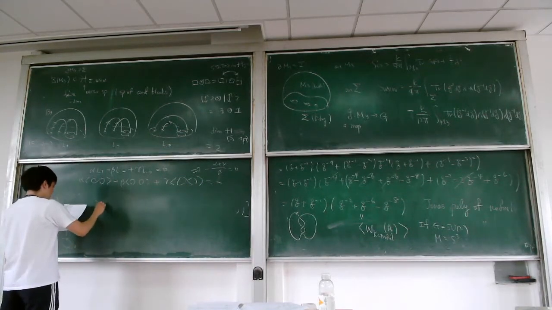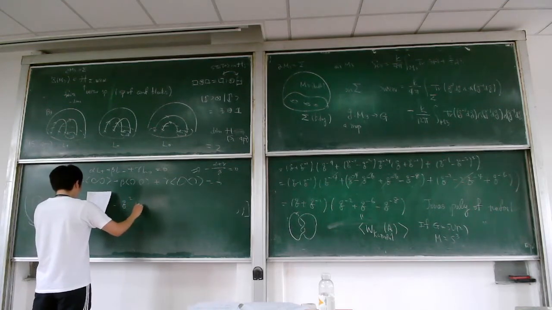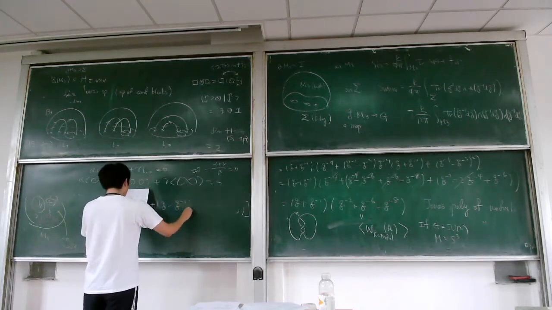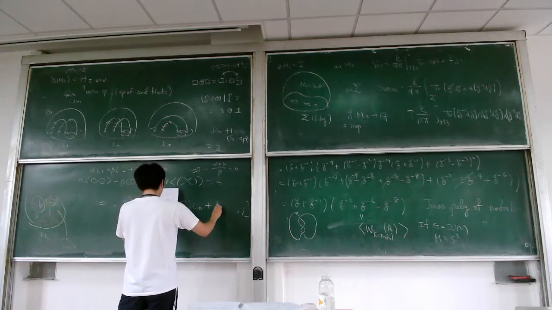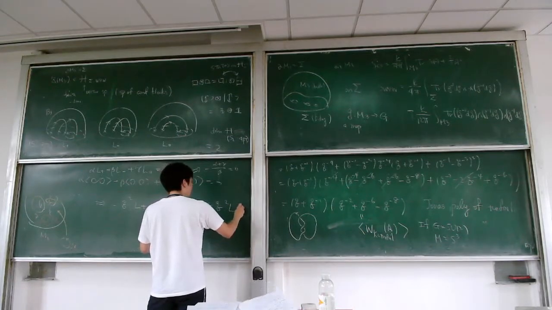So at the end of the day, what you get is minus q squared plus q to the minus 1/2 equals L minus equals T.